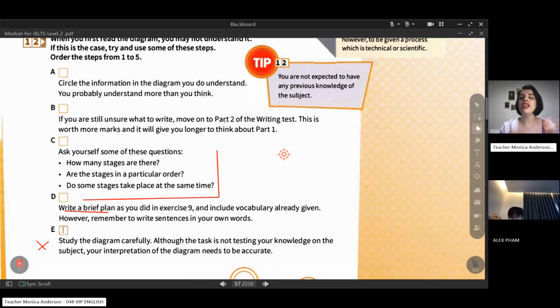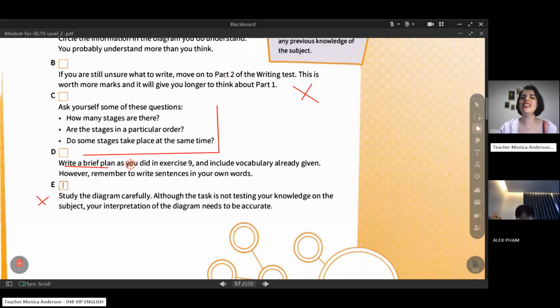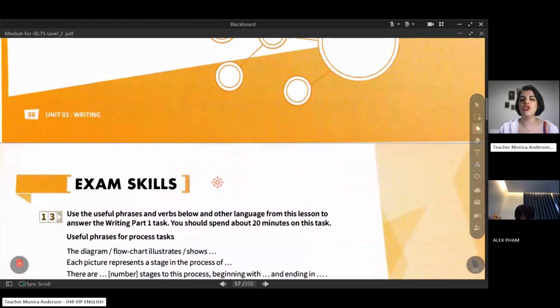Of course, you answer the questions for yourself, but it's up to you. Maybe first circle the information, after that ask these questions and make a plan. And finally, if you are still unsure what to write, move to part 2. Don't waste your time, because that's really important. This is what you need to do.